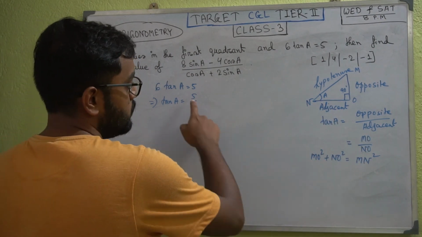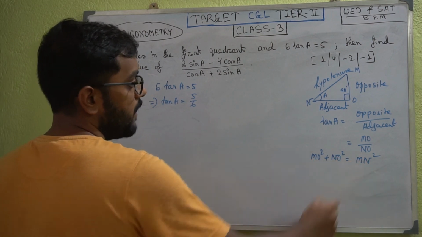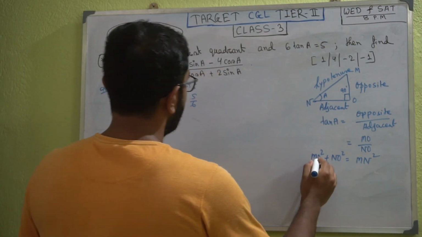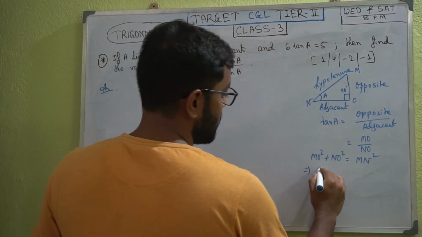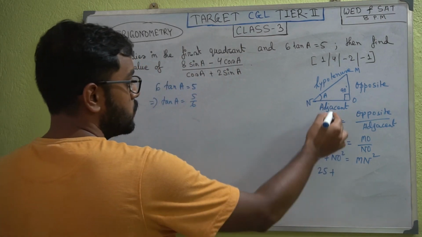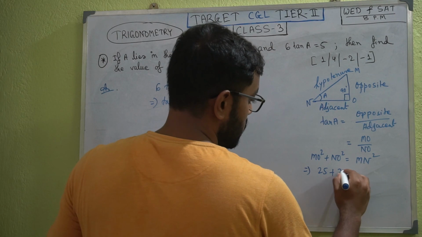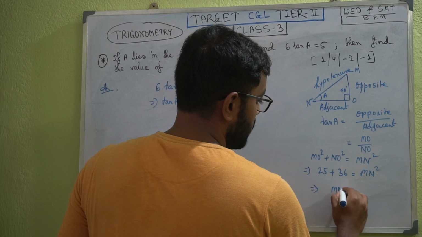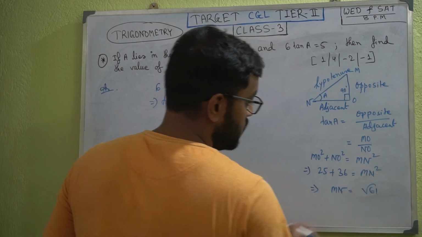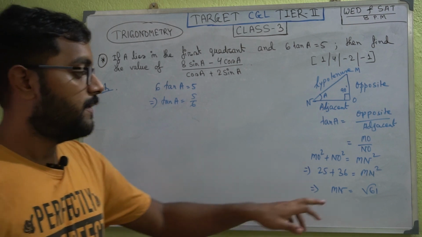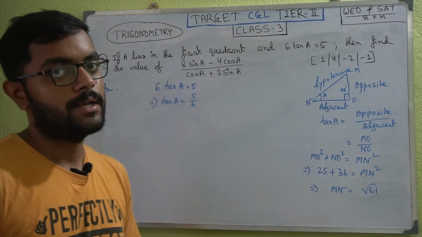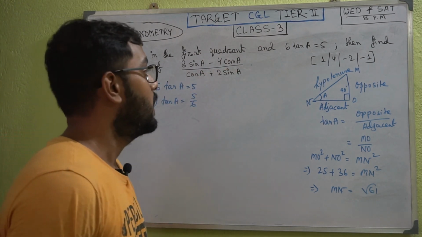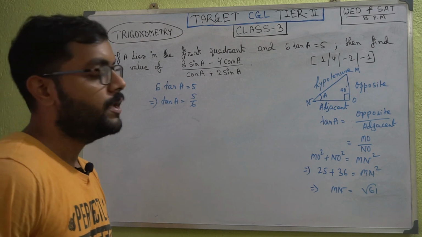Then by putting this value here we can find the value of the hypotenuse, that is MN: opposite side is 5, that is 5 square 25, plus NO, that is adjacent side 6, that is 6 square 36, equal to MN square, that is MN equal to root 61. The value of root 61 can be plus or minus, but here it is given that A lies in the first quadrant, so sin A and cos A also will be positive.